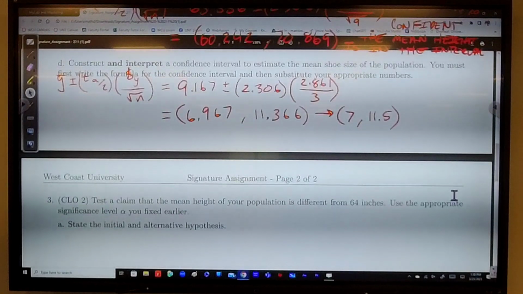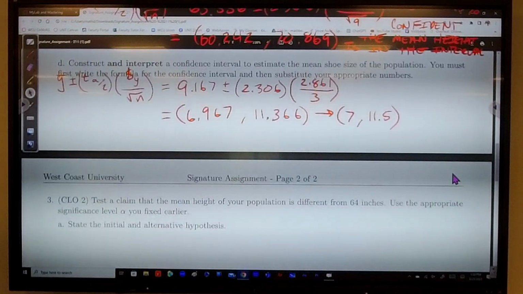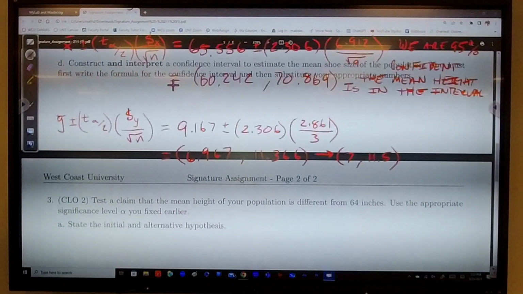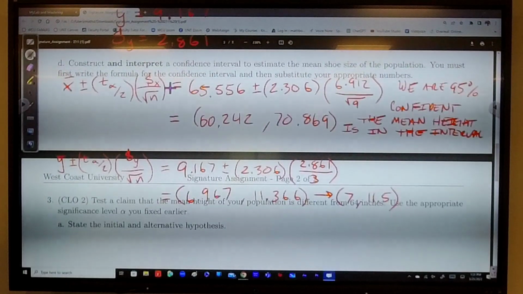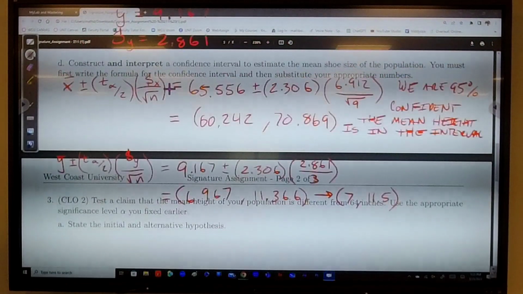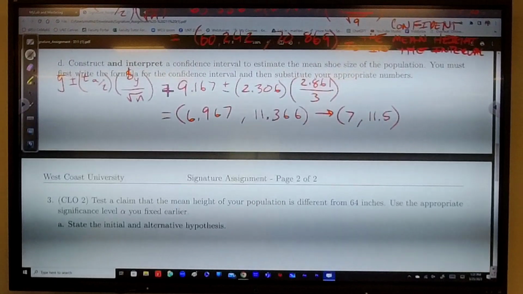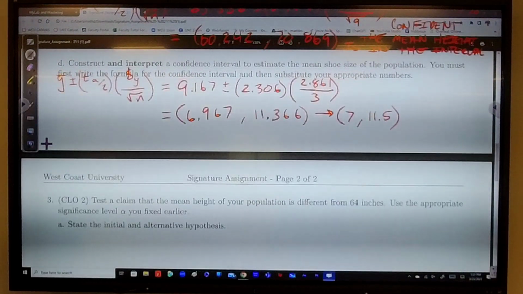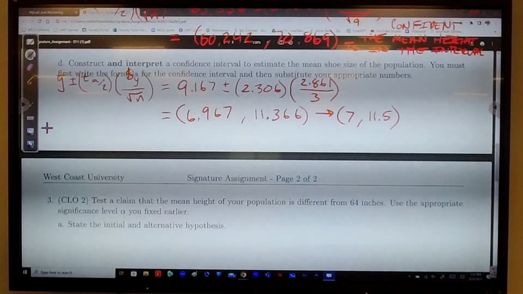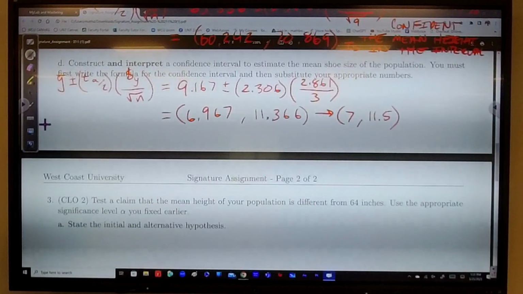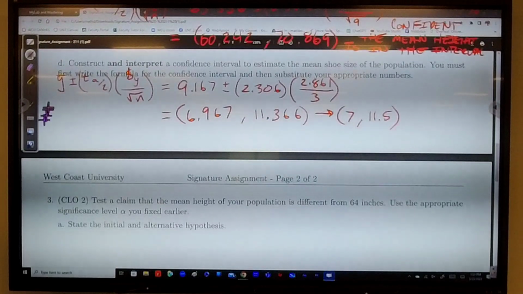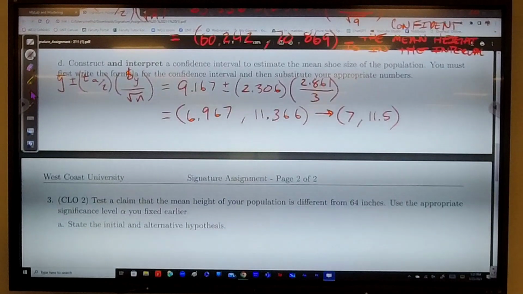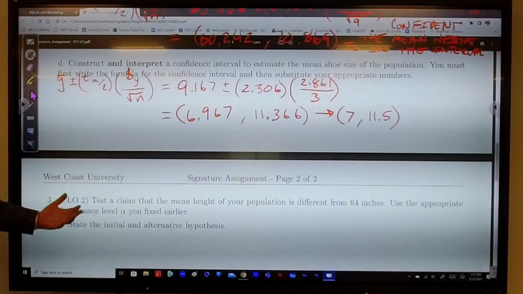All right. Let me write a different interpretation this time, because the one we did have is certainly fine. We're 95% confident the mean height is in the interval. But it's equivalent to say that if we had done 100 samples, we just did one sample from that population of 500.